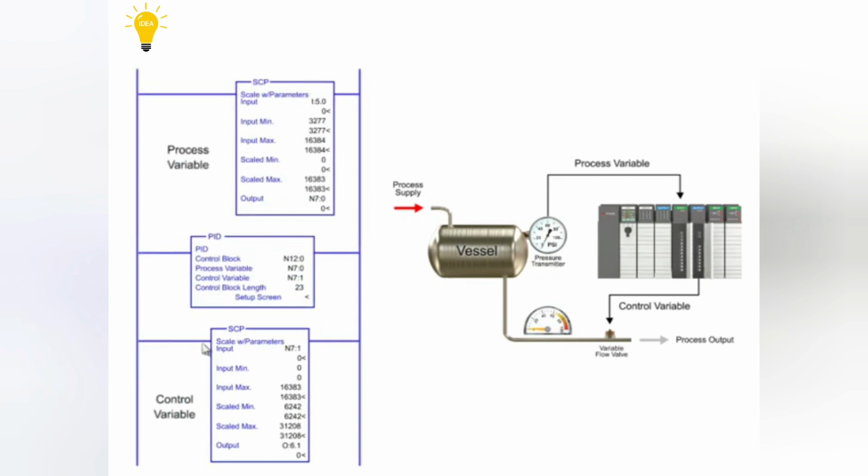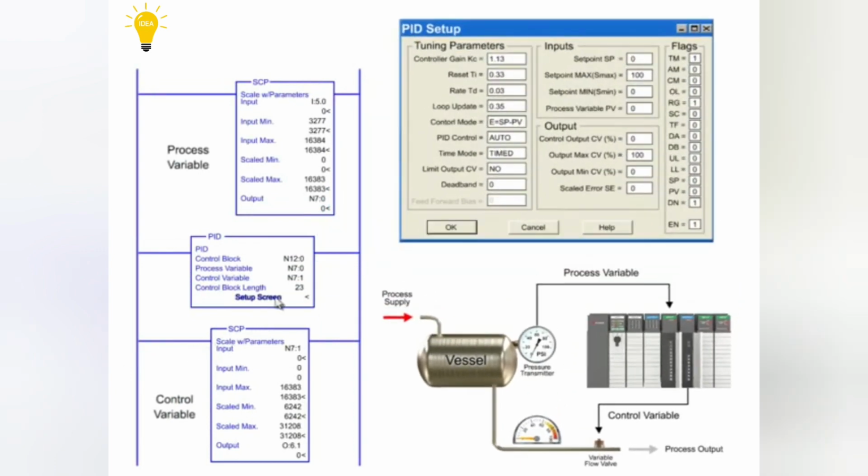With the data scaled using the SCP instruction, the process of controlling the pressure of the vessel to 50 psi continues by entering the set point of 50 in the PID setup menu. As the PID instruction is executed, a scaled error is generated by subtracting the process variable from the set point.